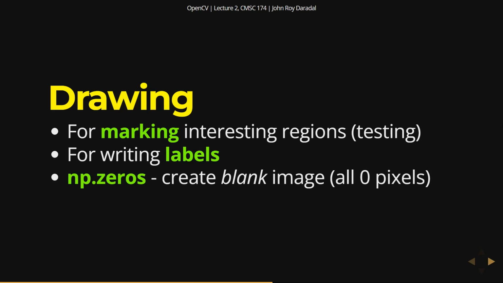If you want to create a blank image, then you can just call np.zeros, assuming that you import numpy. Numpy was one of the dependencies that I mentioned earlier. We usually import numpy as np, as a shortcut.